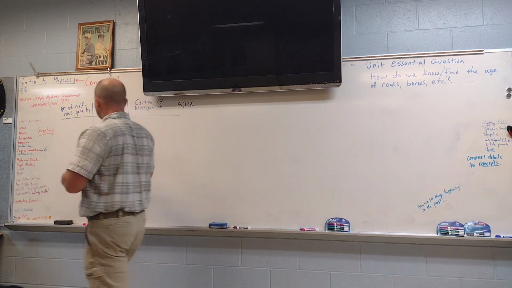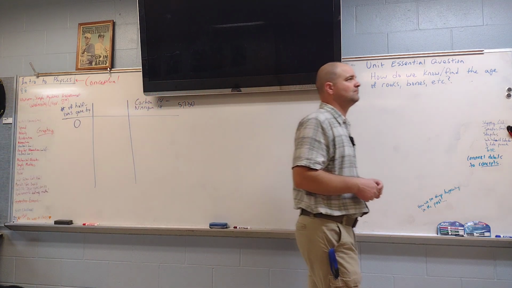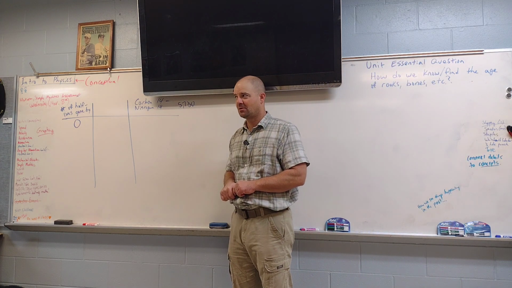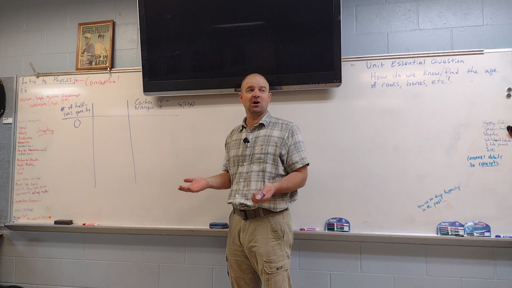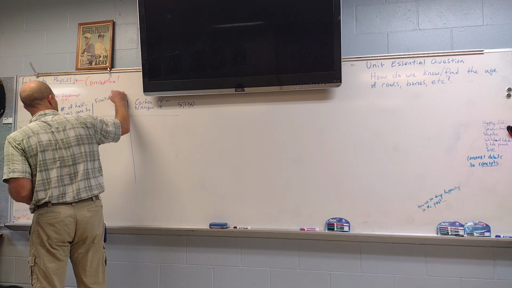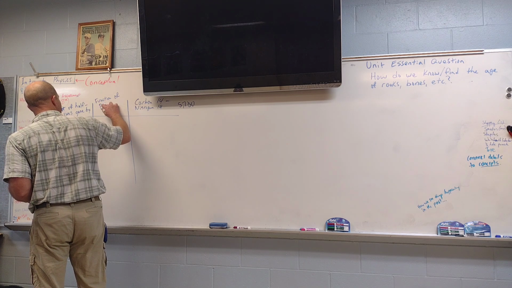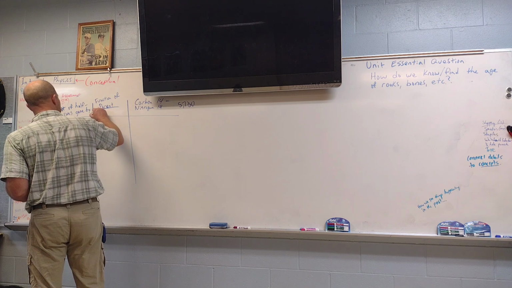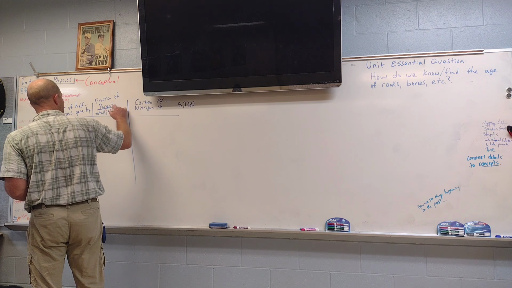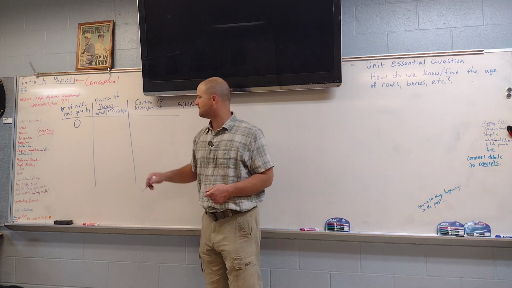So if 0 half-lives have gone by, how much of the parent isotope would have decayed? None. So our fraction of parent to total, which is parent plus daughter isotopes, would be what?